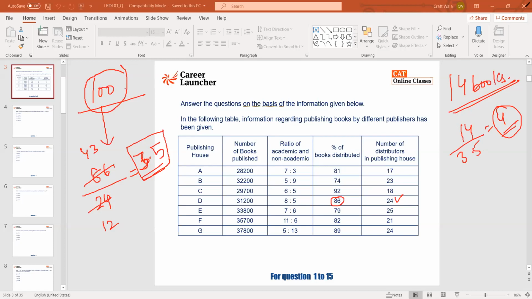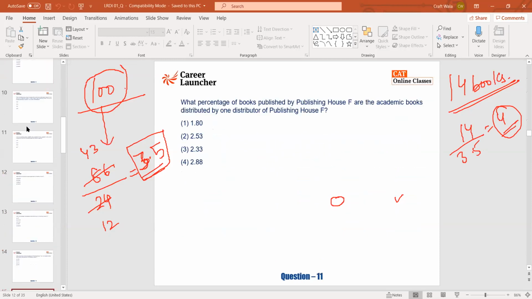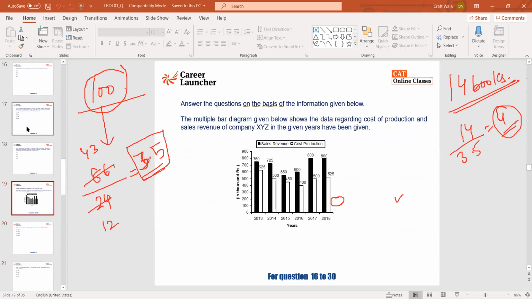Right, so I hope all the questions here are clear. Next, let's try the second set. Try question number 16 to 30. This is based on bar diagram now.